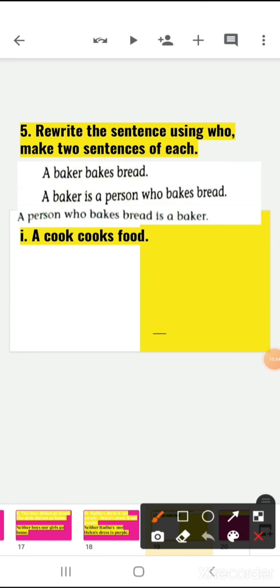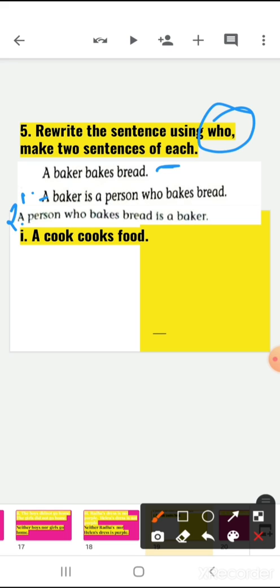Rewrite the sentence using who. And make 2 sentences of each. Okay, one is given as a question and you have to use who. And you have to make 2 sentences. Okay, first one is, what is the question?